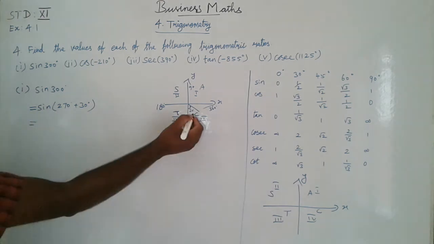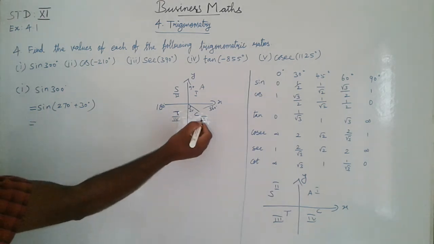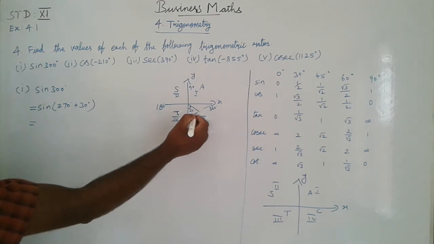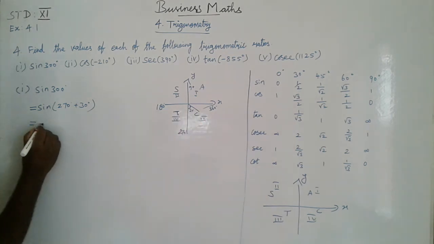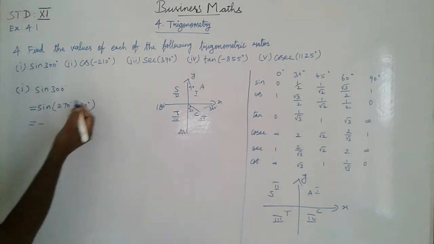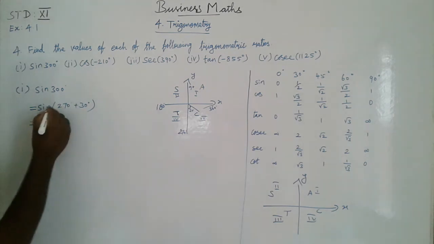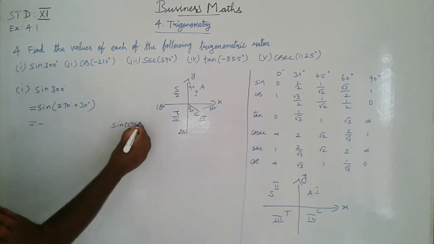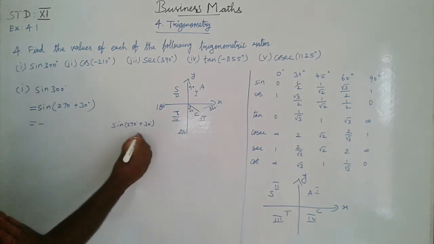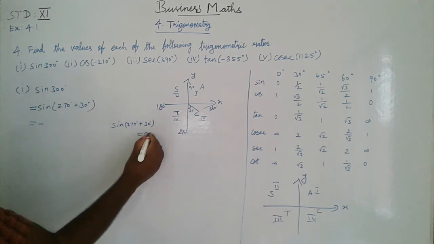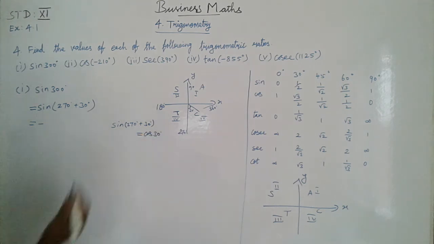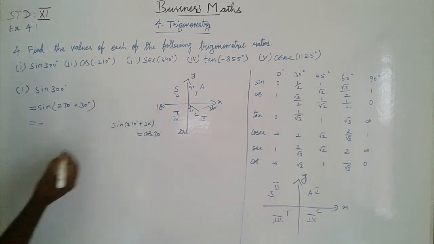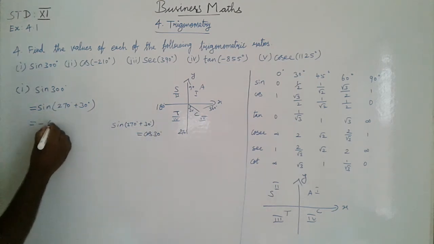First sine: in the fourth quadrant sine is negative and cos is positive, so it is minus. Sin(270 plus 30) equals cos 30 degrees, that is the formula. So minus cos 30 degrees.